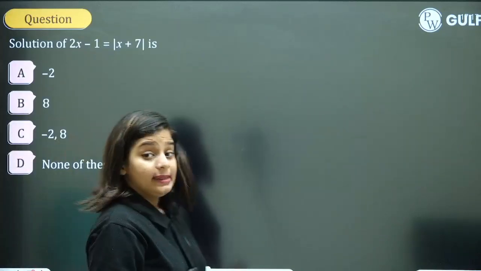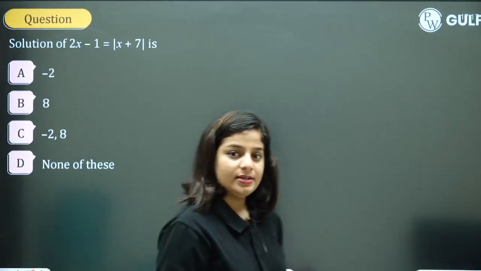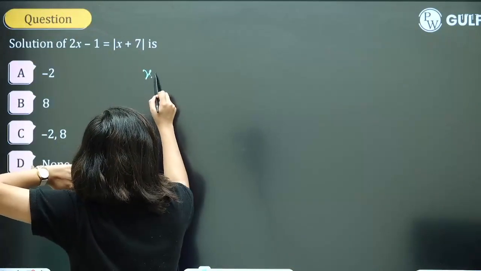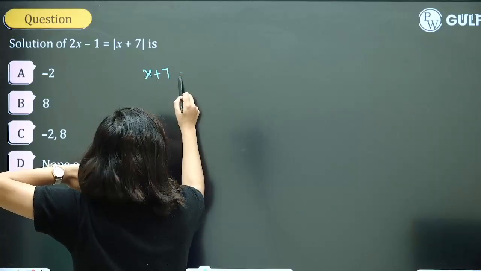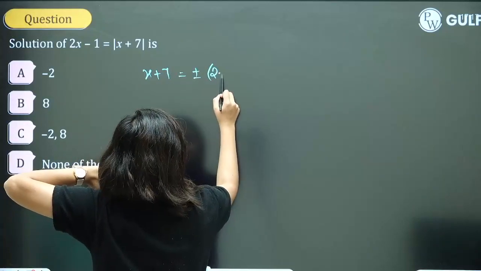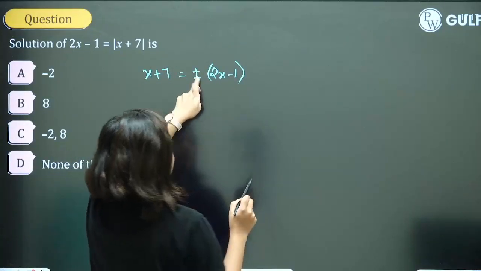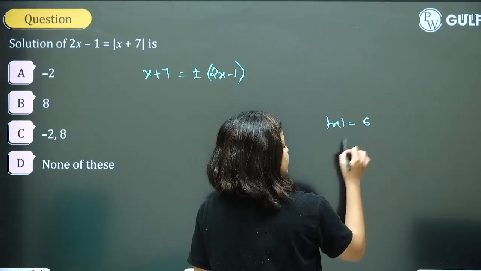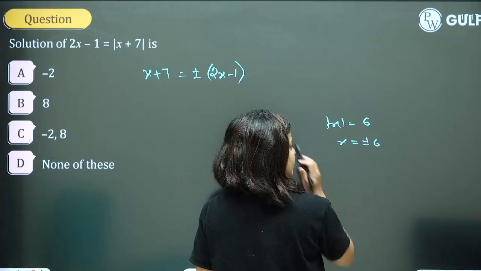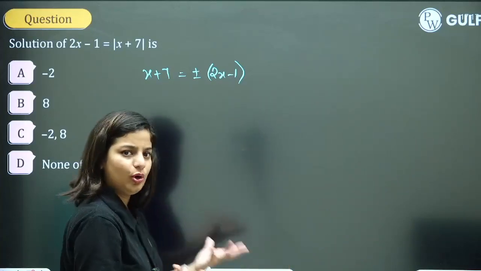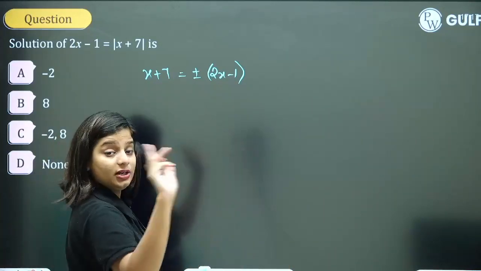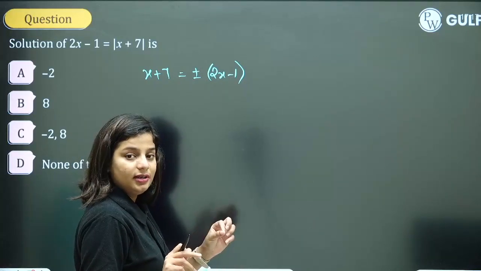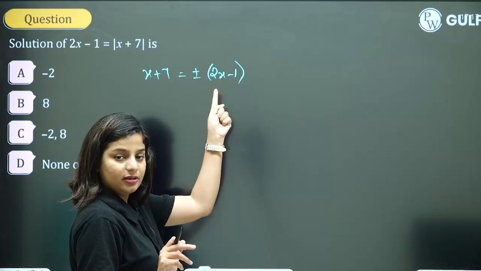Very well. Next question. 2x minus 1 is equal to mod of x plus 7. When I remove this mod sign, I'll get positive as well as negative, isn't it? Like if I say mod x equal to 6, x is equal to plus minus 6. Whenever you remove the mod in an equation, put this plus minus.